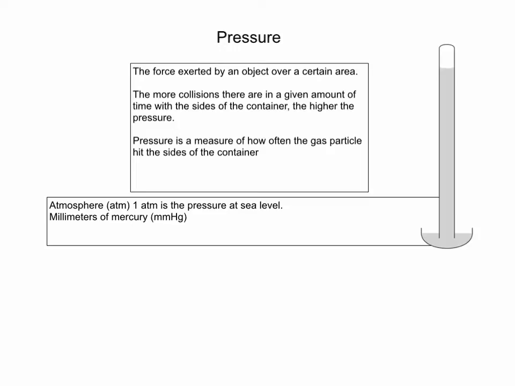In a mercury barometer, the air, the atmosphere, is able to push down on this exposed mercury. So this is open to the air. And when the air pressure increases, the mercury is forced up higher in the tube. And when the air pressure decreases, the level falls back down.